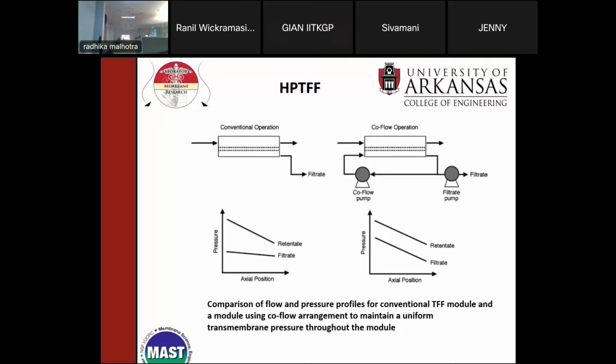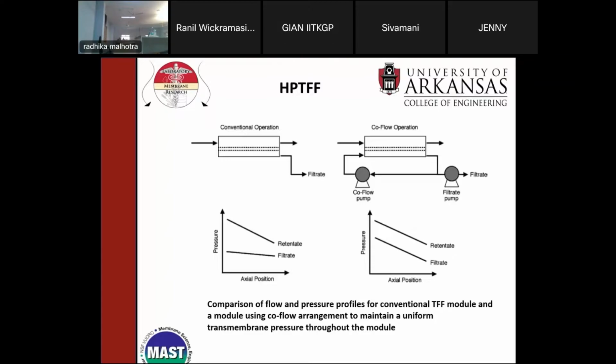And the idea is this, as they show you here. You take permeate, and some of the permeate you pump back along here in a co-flow mode. So you have co-flow, not countercurrent flow, co-flow of the permeate and the feed. Therefore, you're trying to match these two pressure drops. That's what you're trying to do.